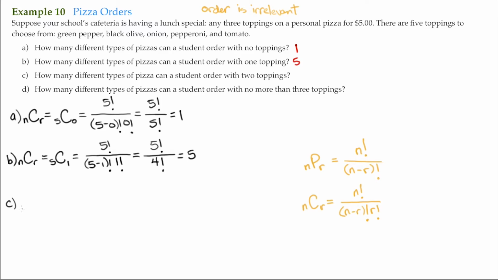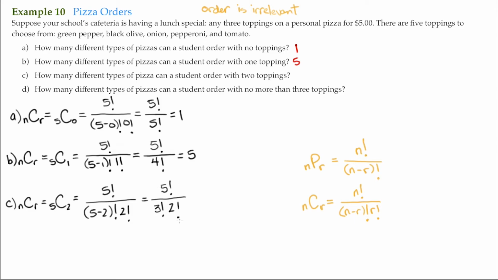But we'll go ahead and use the formula here. N choose R. That's going to be 5 choose 2. 5 factorial over 5 minus 2 factorial times 2 factorial. That becomes 5 factorial over 5 minus 2 factorial, that's 3 factorial, times 2 factorial.